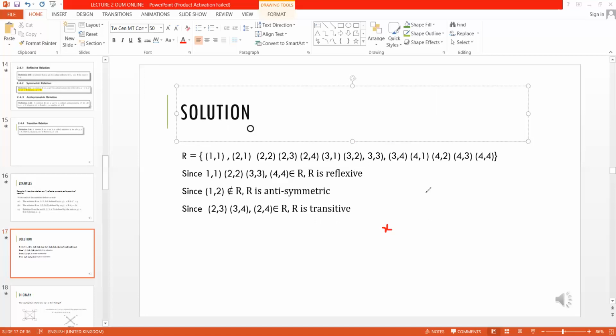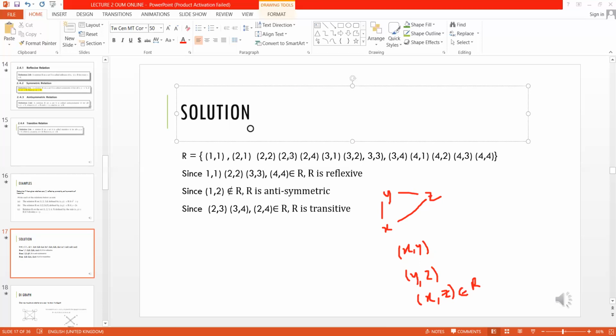If you're moving from X to Z and you pass through Y, then you should have 3 pairs, all in R. You should have X, Y. You should have Y, Z. And then you should also have X, Z in R. They should all belong to R. Okay, good. So let's go and check.